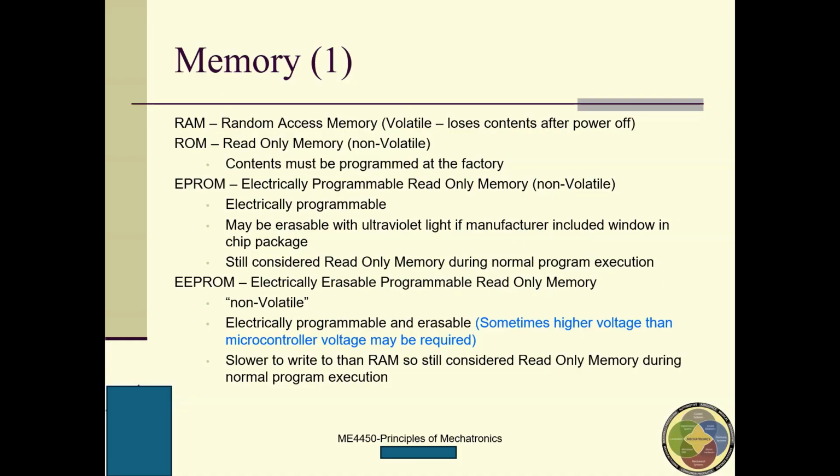Either volatile or non-volatile is just a relative word. If you upload code to the EEPROM, does it erase it? Yeah, you need to erase it. You need to use erase.